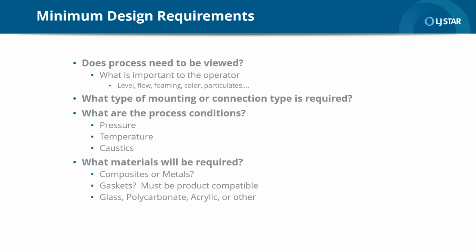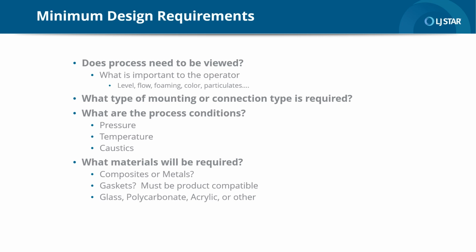What are the process conditions? Now, these are must-haves. We get requests all the time, and we're told we just want a sight glass. We want it on a 6-inch fitting. Please go ahead and quote that. And we can't quote that because we don't know what that pressure is. We don't know what that temperature is. We don't know if there's any type of caustics present, so that we know what materials are going to be accepted.